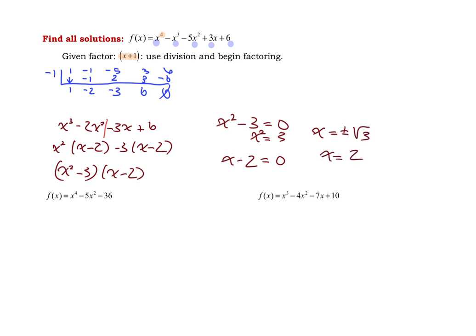So my solutions here are the negative 1 that I was given, and then the positive and the negative square root of 3, and then the 2. So to go back, remember a degree of 4. This is one solution. This has 2, a positive root 3 and a negative root 3, and 1 here. That adds up to 4. I found all 4.